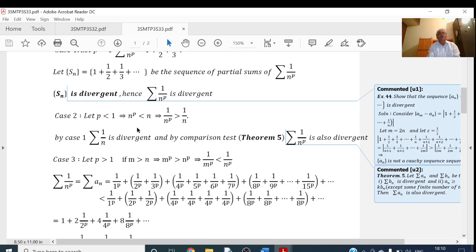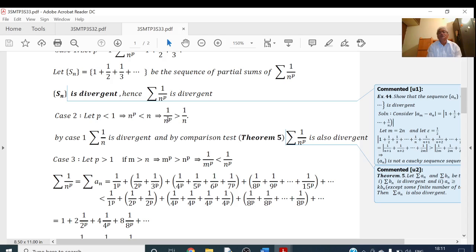If P is less than 1, then n to the power of P is less than n. And if I consider the reciprocals, 1 by n to the power of P is greater than 1 by n. Now we know that by case 1, summation 1 by n is divergent. And summation 1 by n to the power of P is the series.